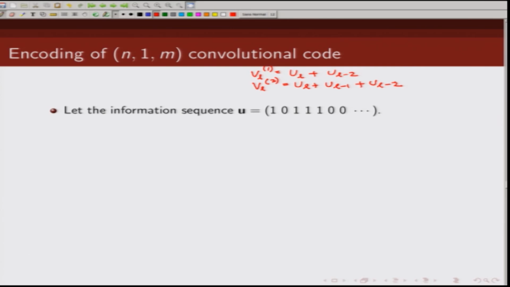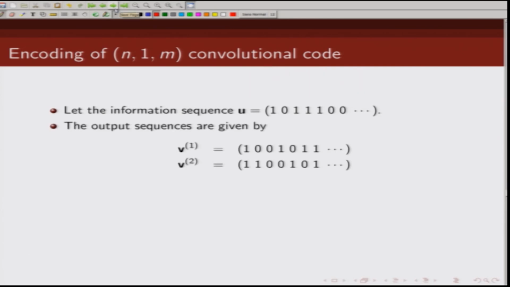Now, we can show that our output coded sequence will be given by this. This can be easily verified. So, let us say what was our output coded sequence? V_L^1 was U_L plus U_{L-2} and V_L^2 is U_L plus U_{L-1} plus U_{L-2}.